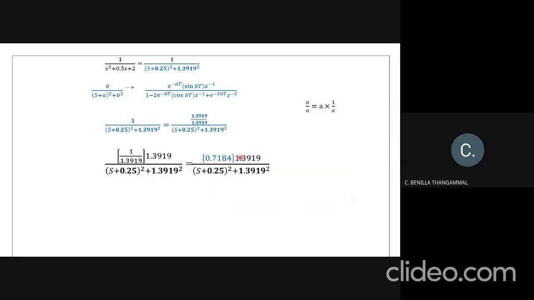And this one will be given by this formula. By substituting your a value and b value as 0.25 and 1.3919, I'll be getting the equation here. Keep your calculator in radian mode, substitute the values, and get the equation.